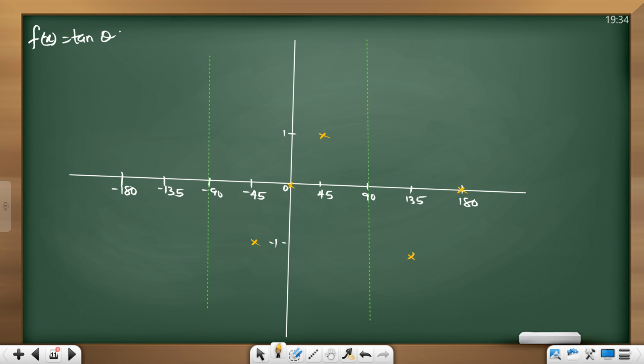Tan negative 135? Is that 1 or negative 1? 1. And tan 180? 0. Negative 180, 0. So, your graph moves close towards your asymptote, but never touches your asymptote.